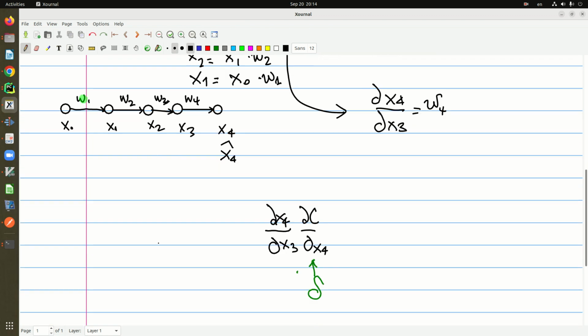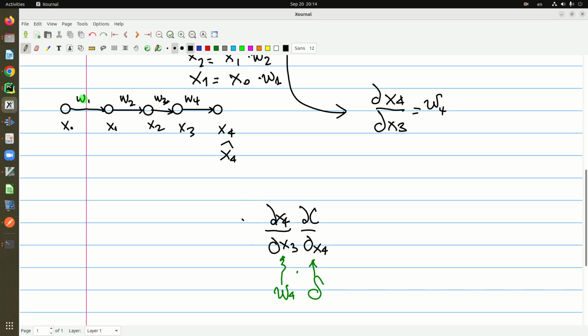In other words, this quantity here is W4. Let's move one step backwards again.